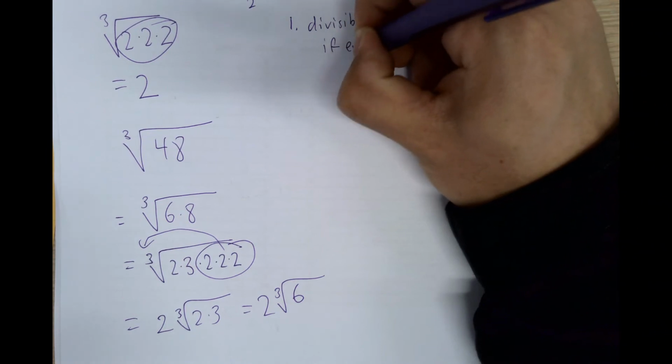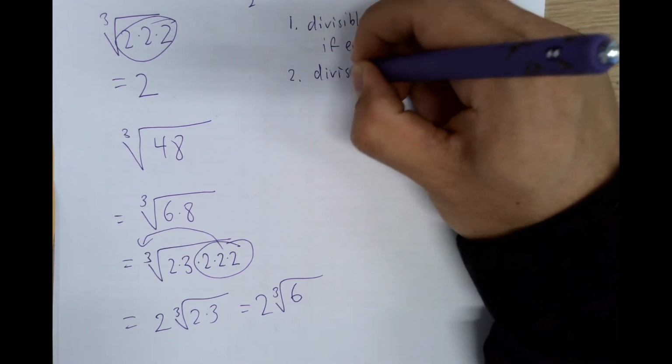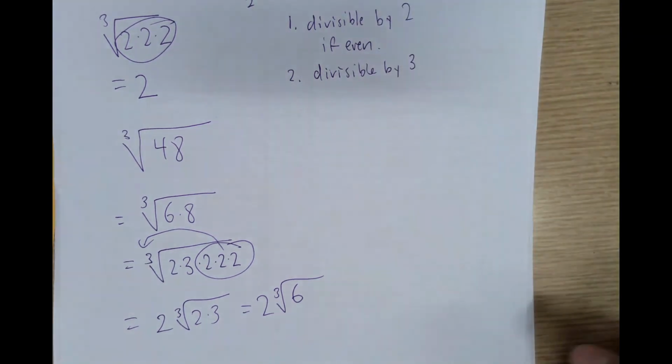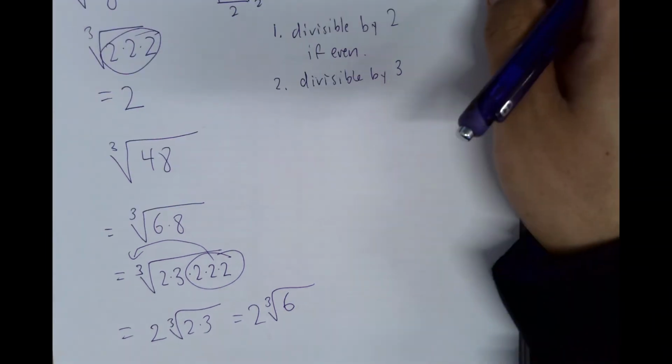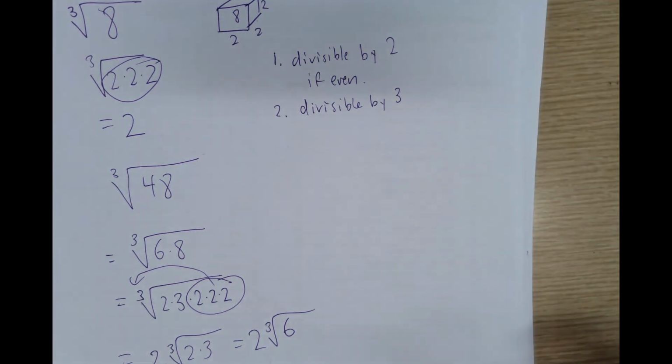How do we know if something is divisible by 3? Or a multiple of 3. There you go. We know it's divisible by 3 if you add up all the digits together and the sum is divisible by 3.